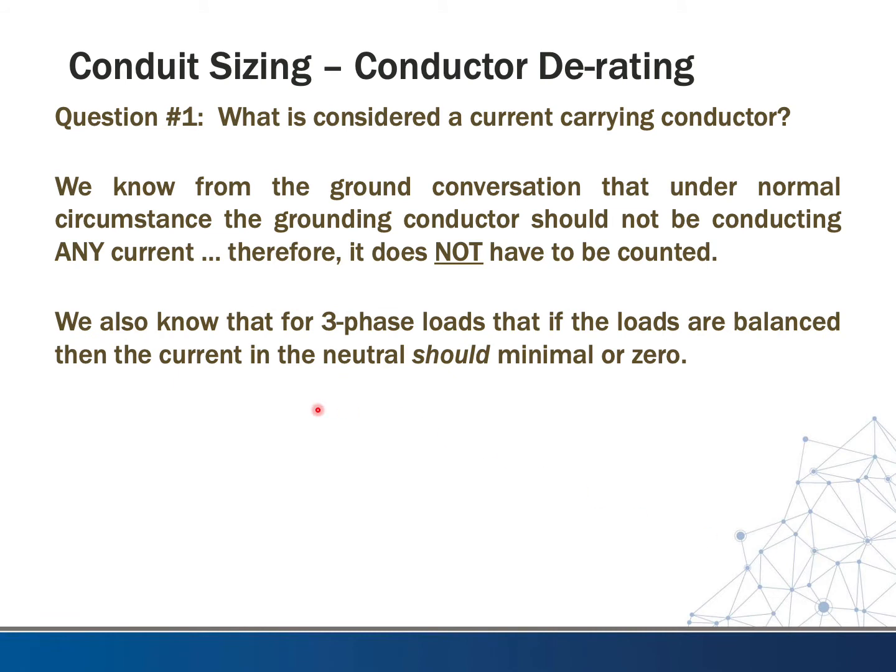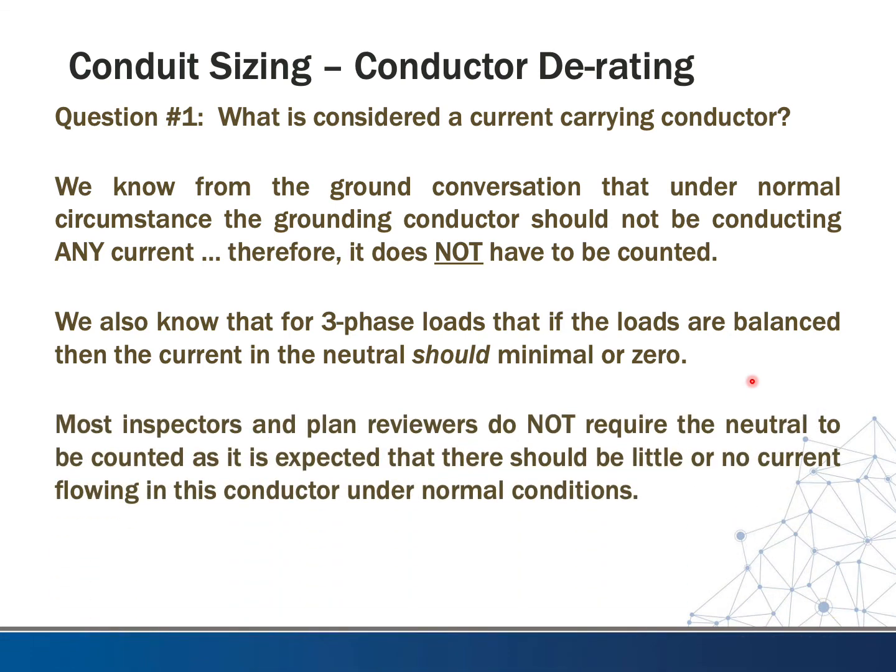So as I stated before, we also have 3 phase loads that, if the loads are balanced, then the current in the neutral should be minimum or 0. Most inspectors and plan reviewers do not require the neutral to be counted, as it is expected that there should be little or no current flowing in this conductor under normal conditions.